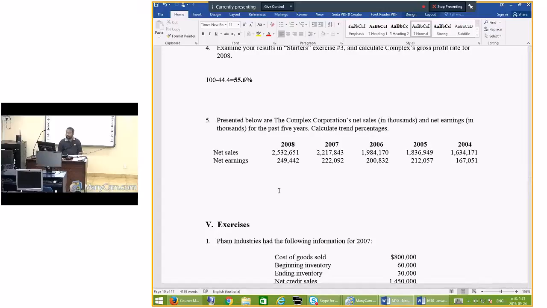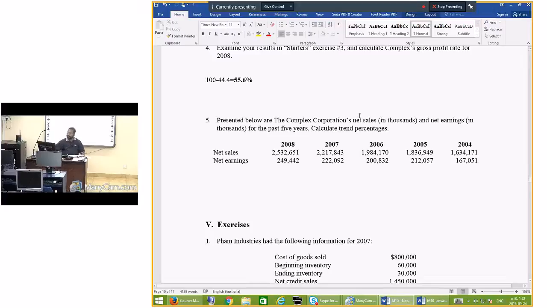Then number 5, calculate the trend percentage. How is the trend from 2004 to 2008? Sales and net earnings.